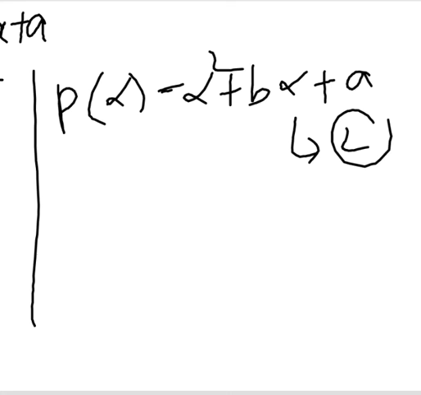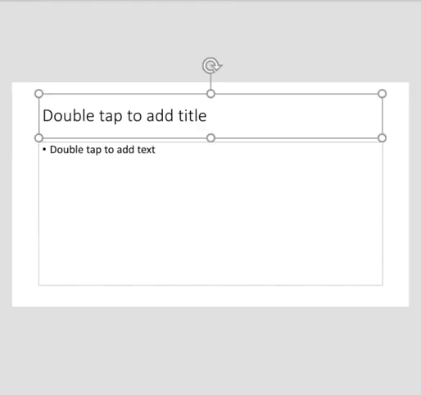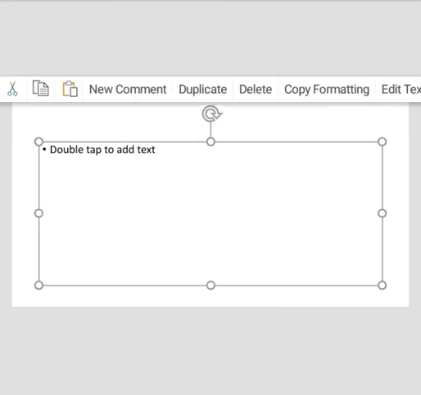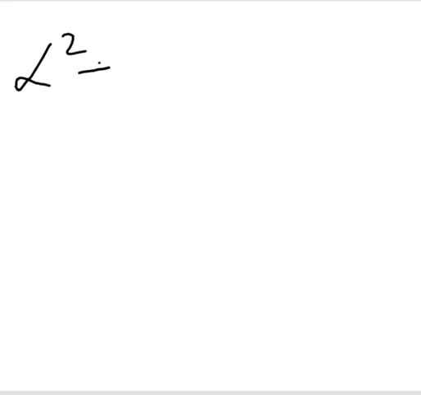So I'll equate them on a new page. Alpha square, as they have the common factor, we can equate them, right?